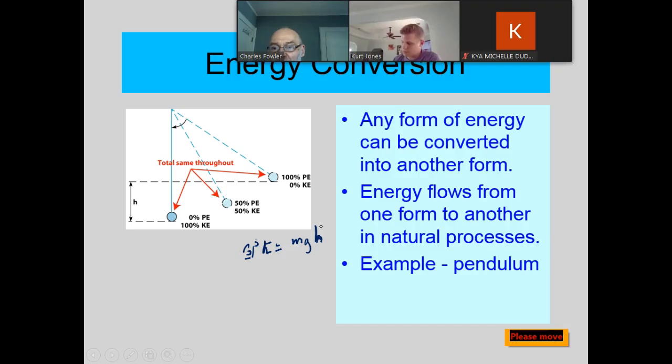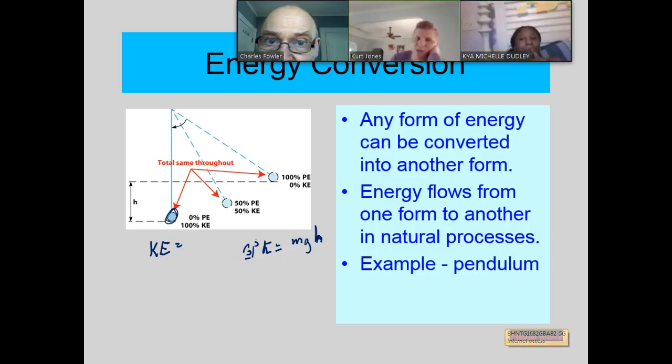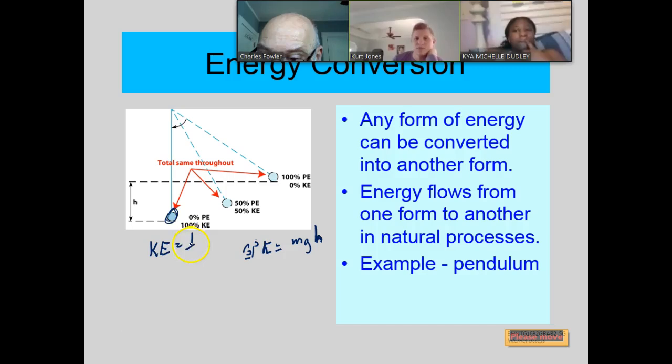Okay, mgh. That's supposed to be an h, but my pen is not writing well. At the bottom of that swing, the same energy is now all kinetic energy. Does anyone remember the formula for kinetic energy? Was it 1/2 mass times velocity squared?